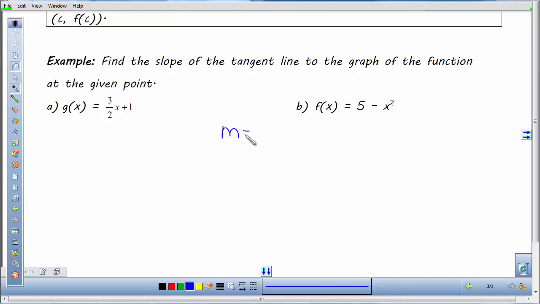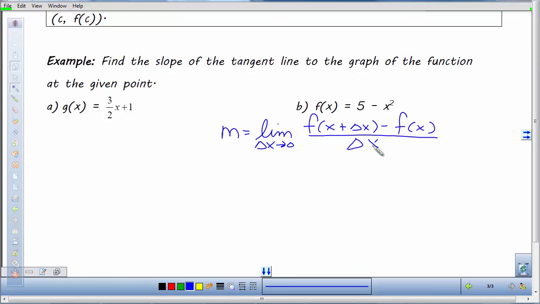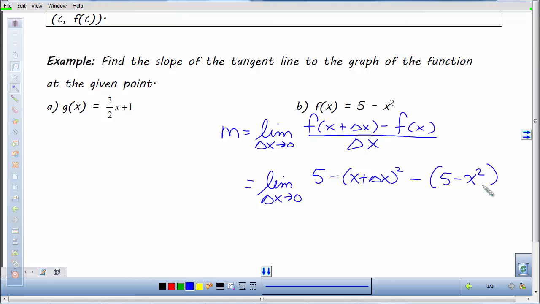The slope is equal to the limit as delta x approaches 0 of f of x plus delta x minus f of x all over delta x. And so we're going to plug in: the limit as delta x approaches 0 of 5 minus x plus delta x squared minus 5 minus x squared all over delta x.